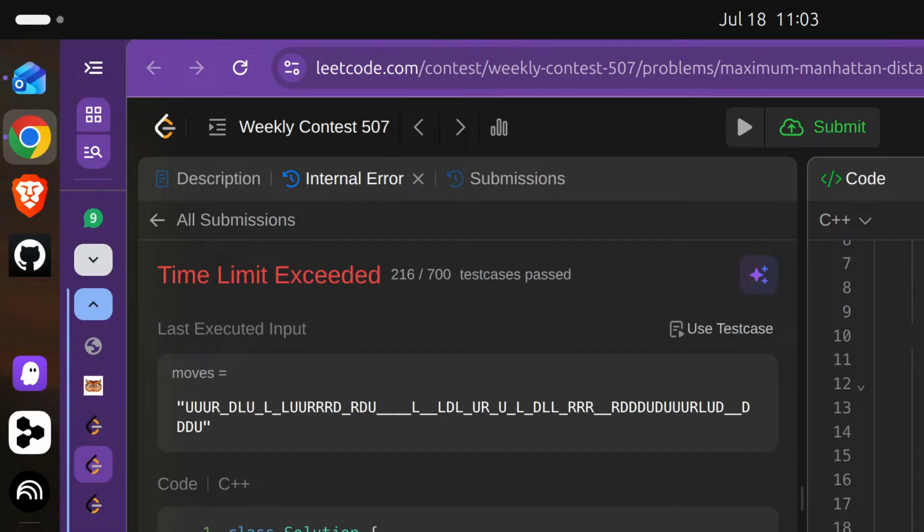And in these cases also dp, dp, dp, dp. Let's check now what happens.